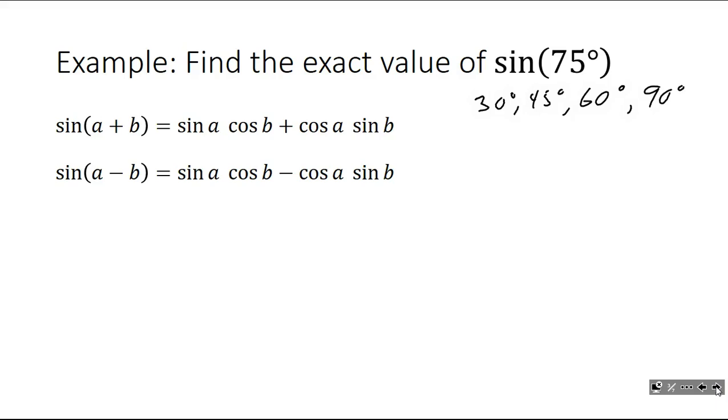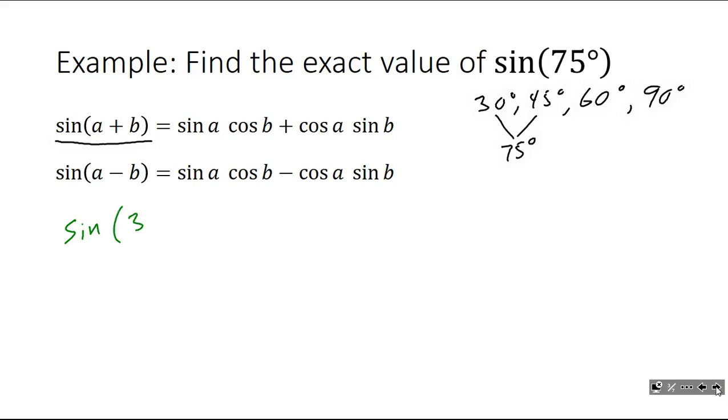Well, all you have to do is look at these and see if we could either add or subtract 2 of them to get 75. And I'm sure you noticed that 30 plus 45 would give you 75. So therefore, we will use the first of these 2 formulas here, sine of a plus b. So let's go and write that out.